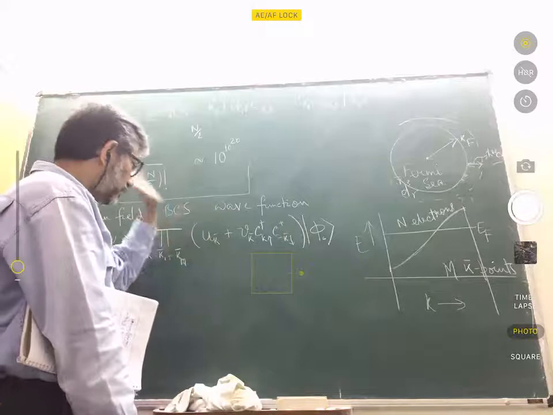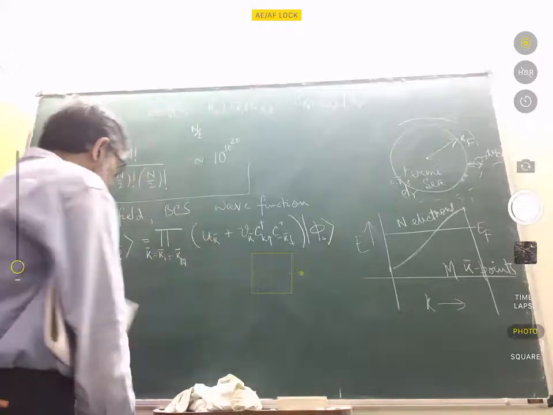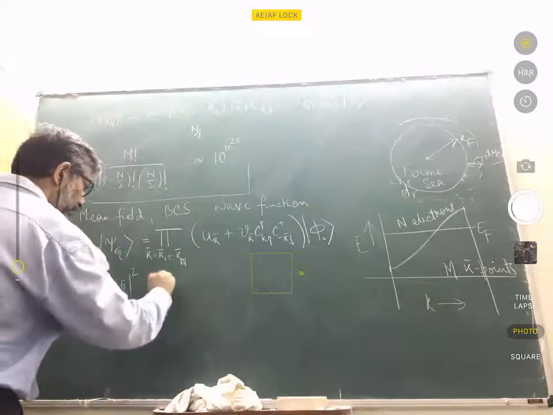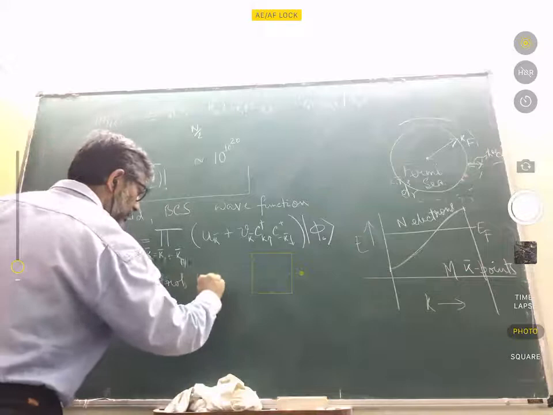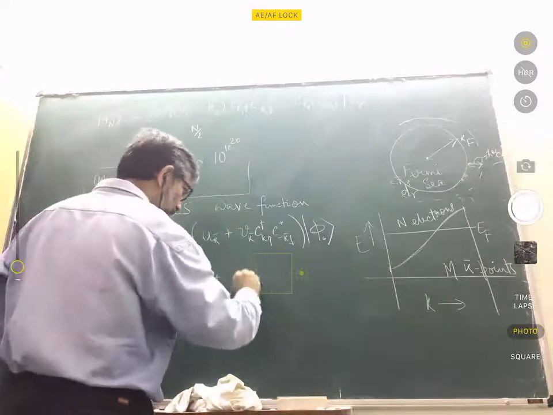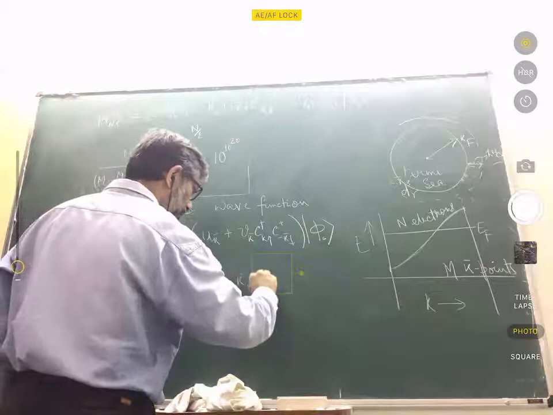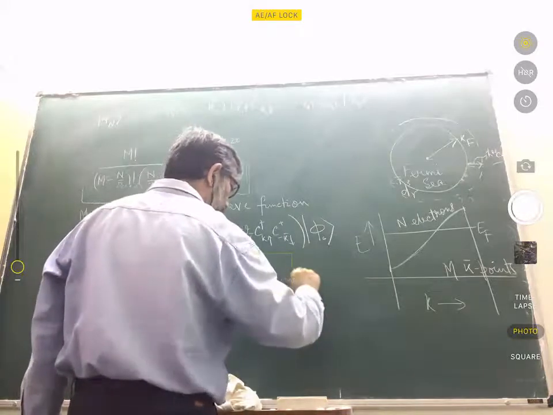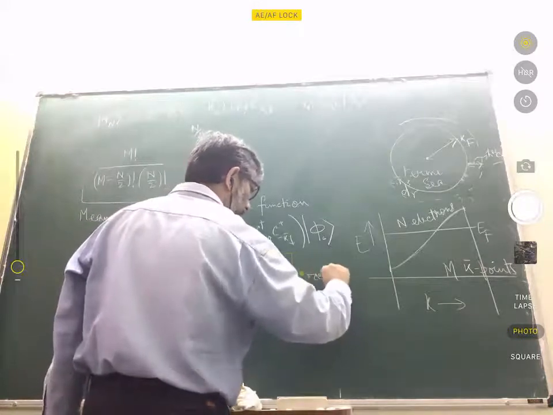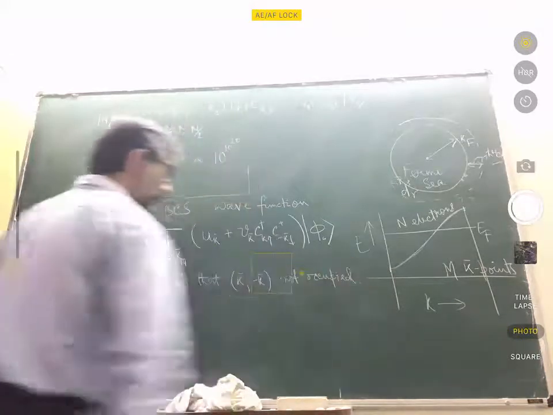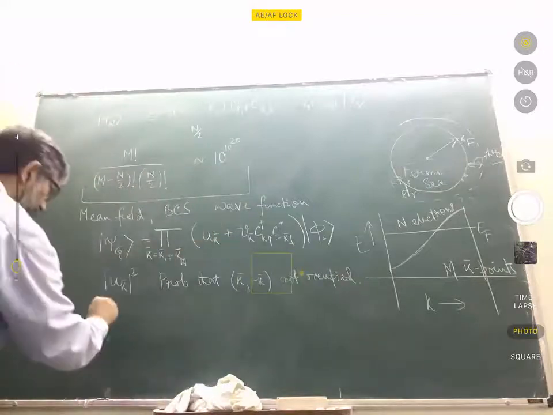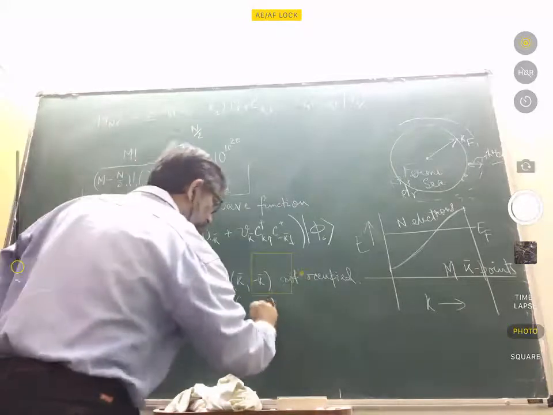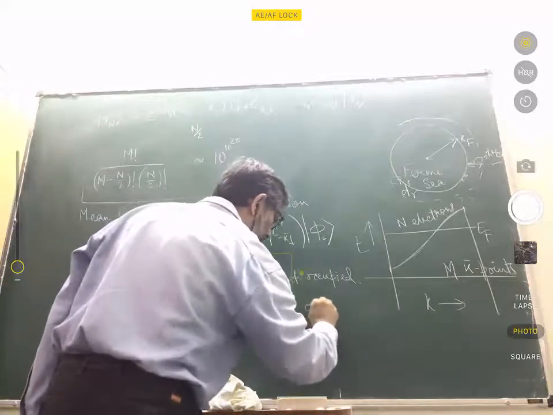So they are just numbers, and u squared is the probability that the states k and minus k are not occupied, so you don't create that pair, and v k squared is the probability that this pair is created.